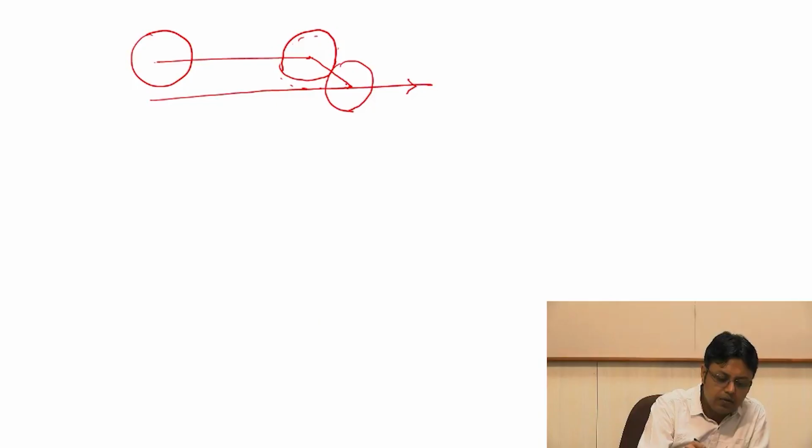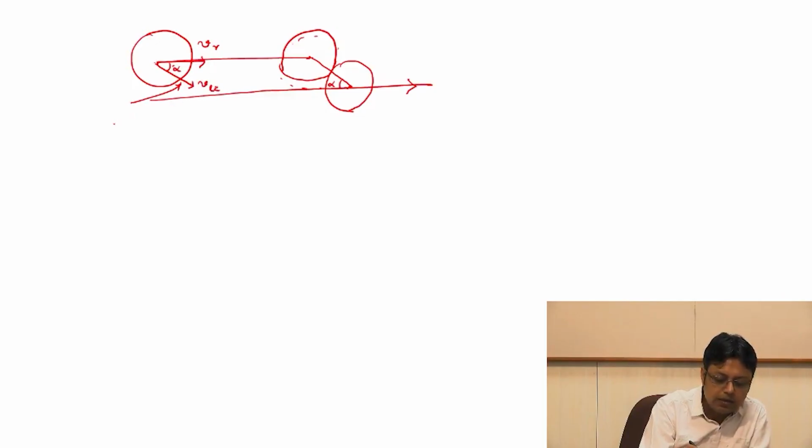For that, there is a V relative along this direction, and suppose it is making an angle alpha with respect to the second molecule. If this is alpha, the component of the velocity along this line I'm calling VLC.